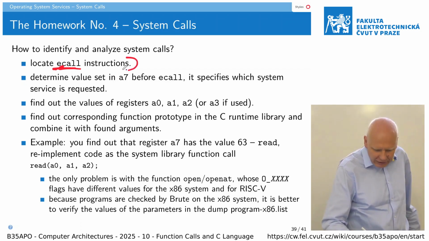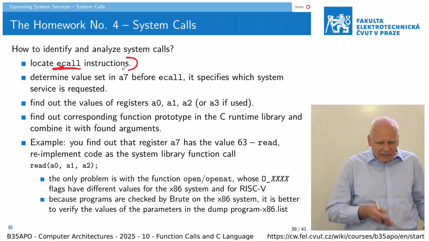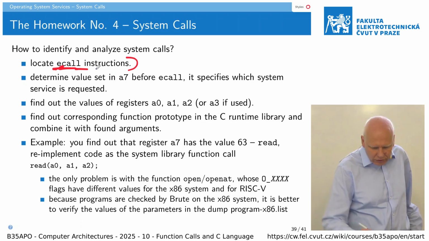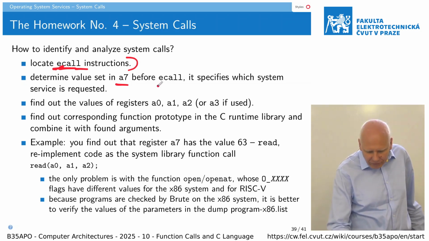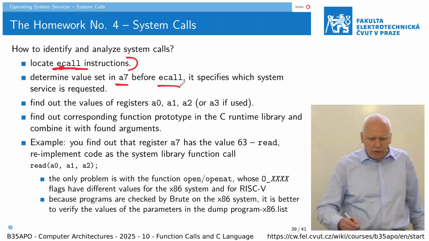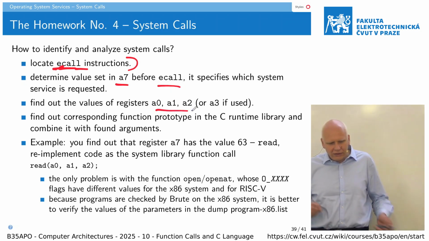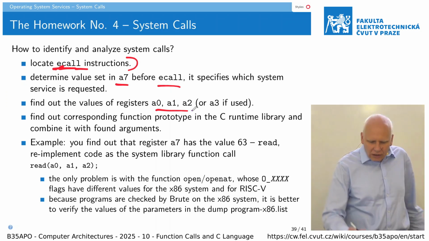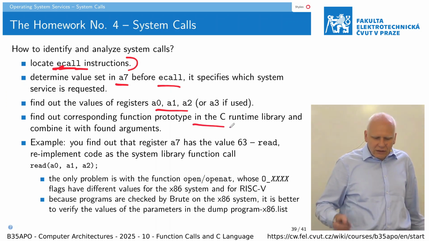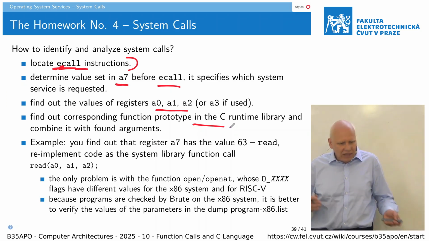But we have simplified it so that it exactly inlines the eCalls into the function. Look at A7 before the eCall is invoked, which informs which function is invoked. You need to find what is set in A0 and the other registers. Then you can find a corresponding prototype in the standard library.